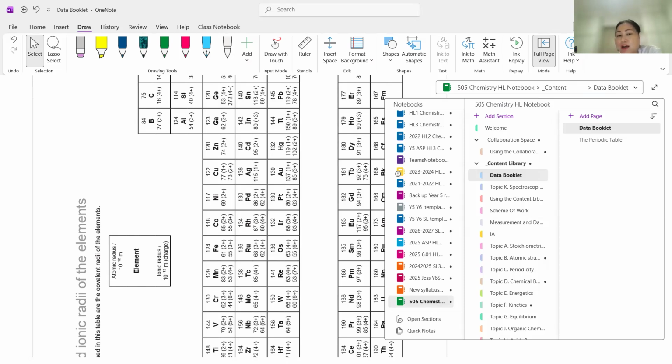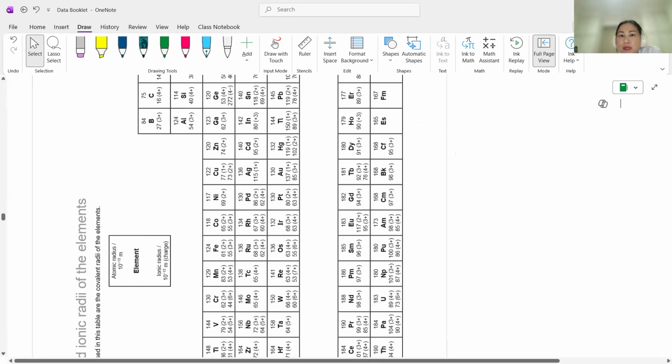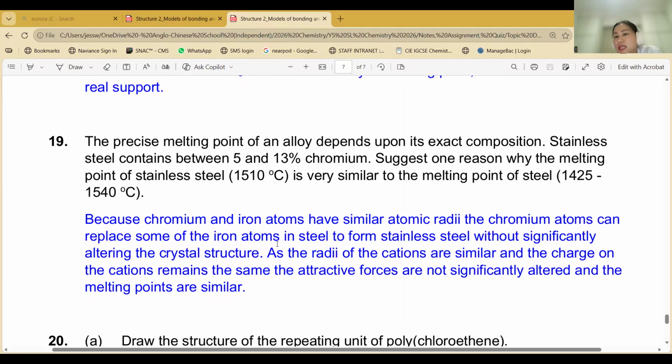The idea of an alloy is to introduce substances of a different size. When we introduce the different sizes, it causes disruption of the metal lattice structure.